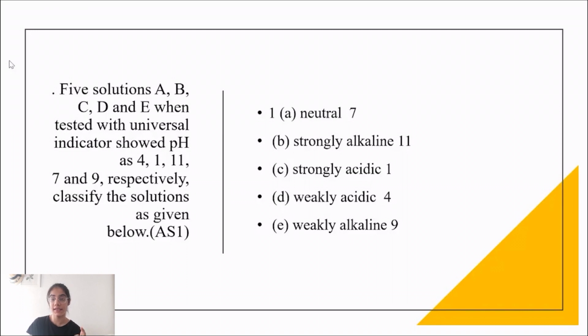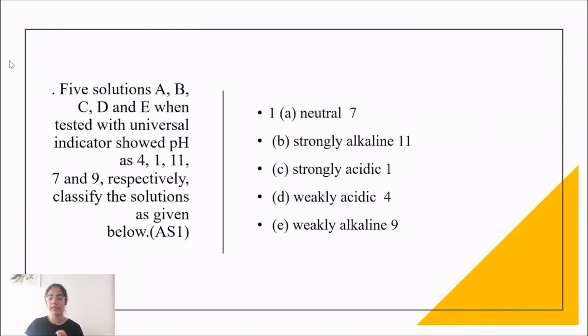Now C is 11. 11 goes towards alkaline substances. The higher the pH value, the lower the hydrogen ion concentration or the more the hydroxyl ion concentration, and hence C would be strongly alkaline. D would be 7. 7 stands for neutral no matter what, so 7 would be neutral as it lies in between.